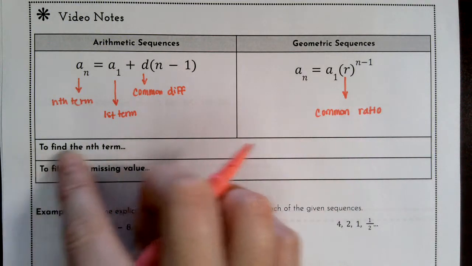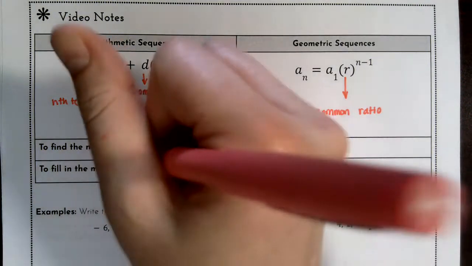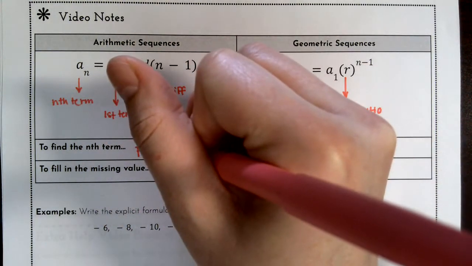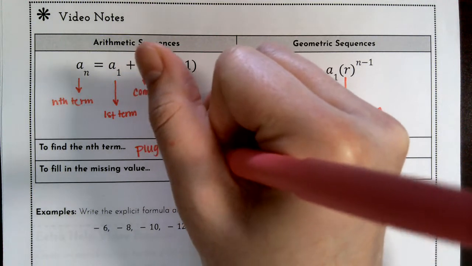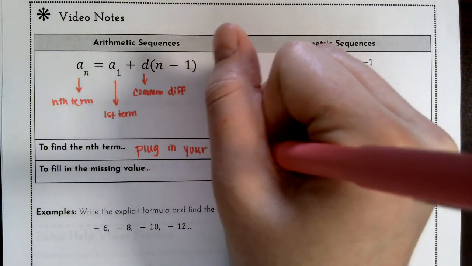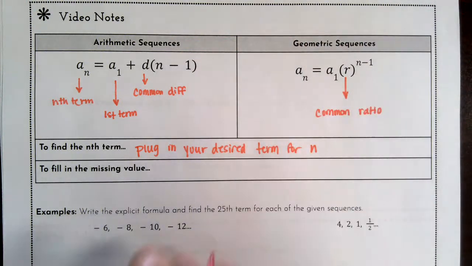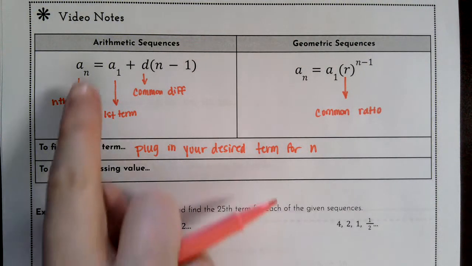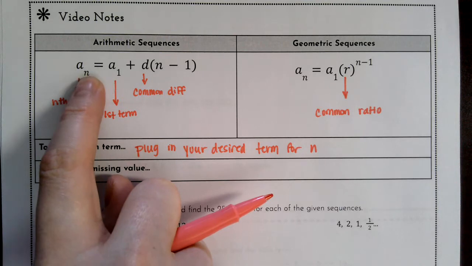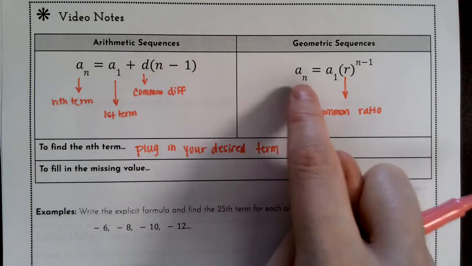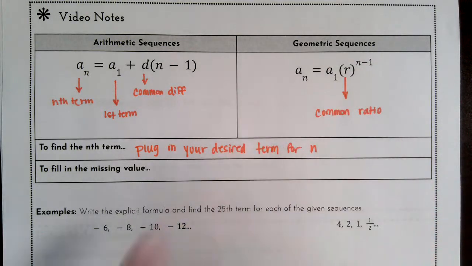To find the nth term, you plug in your desired term for n, and then you just solve. So if I wanted to find the 100th term, I would plug in 100 here and 100 here. Same thing over here, in for n, and then I'd be able to solve.